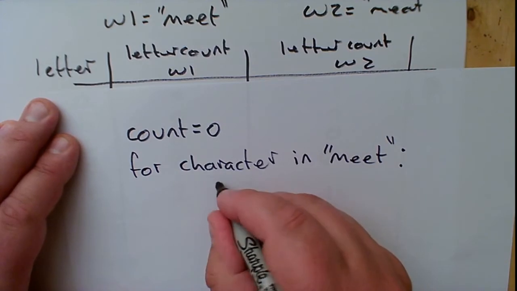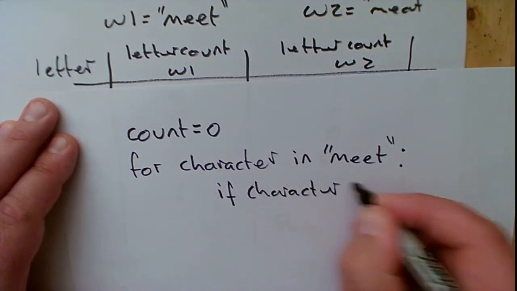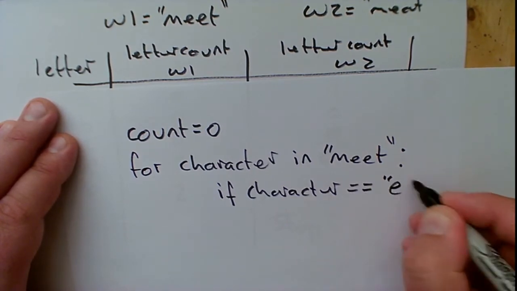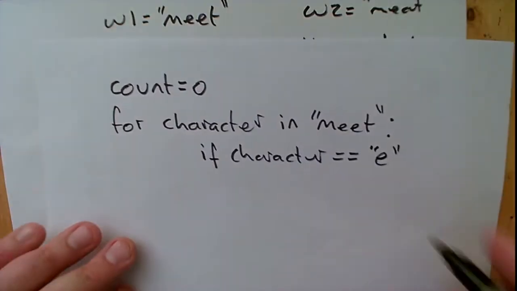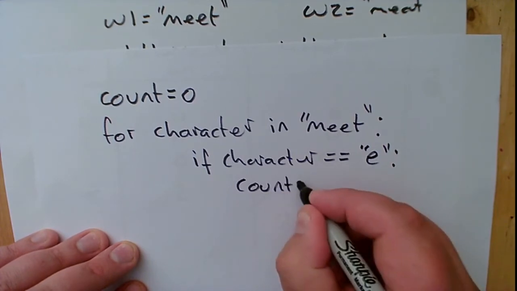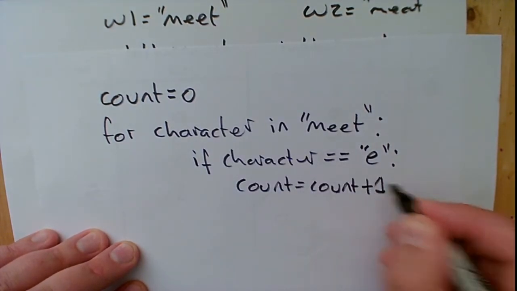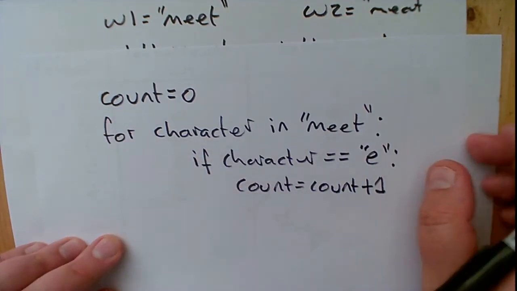And then I'm going to say if character is equivalent to E, and pick up this actual example here. What will happen is then count goes up by 1. Count is equal to count plus 1. So that's going to be really, really useful, that little bit of coding there.